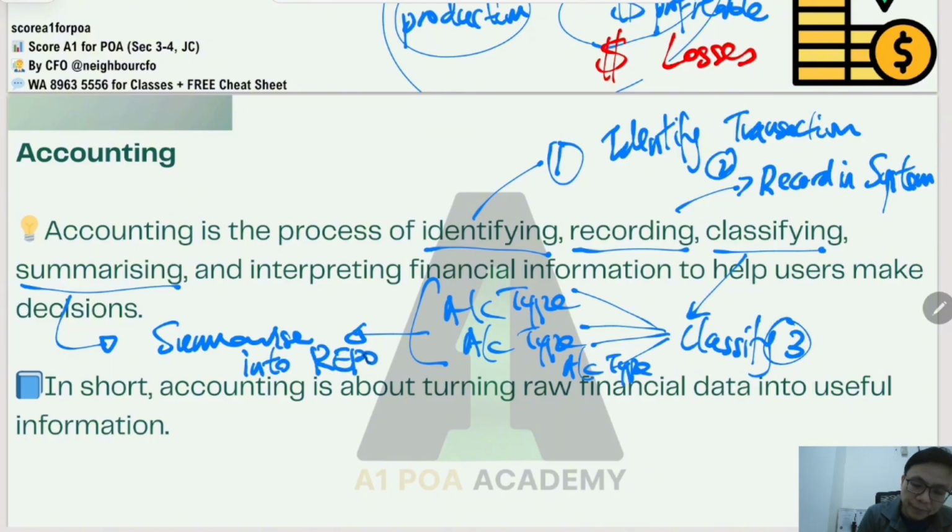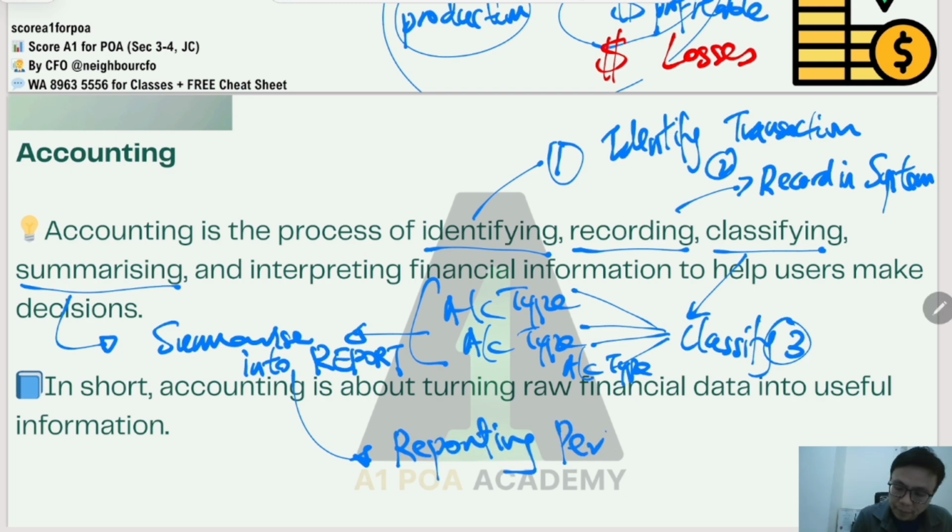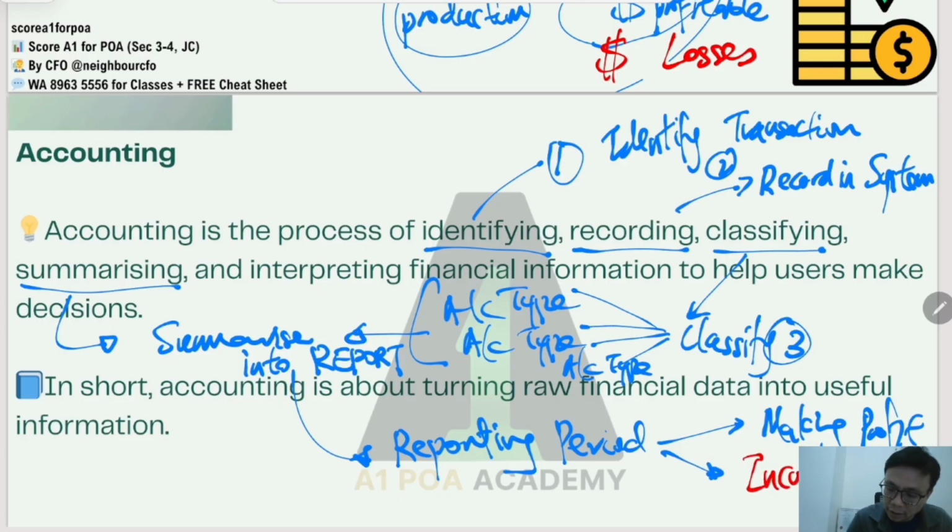And once you summarize into the report, it is important for you to add value to your shareholders, to your boss, by explaining what this report means, maybe in that specific period, whether the company is making profit or incurring losses.